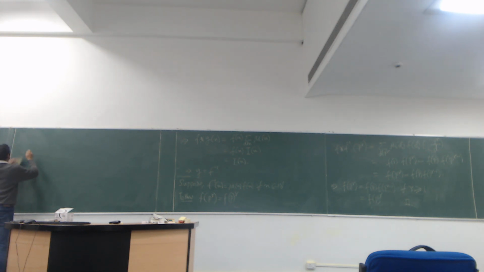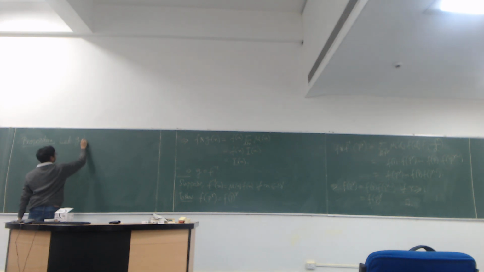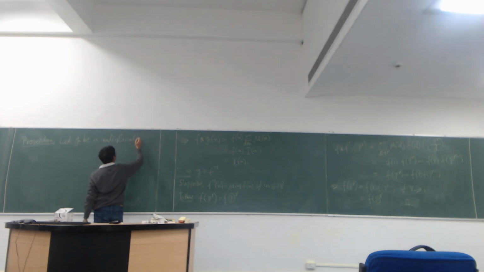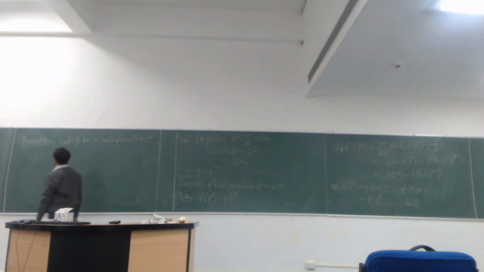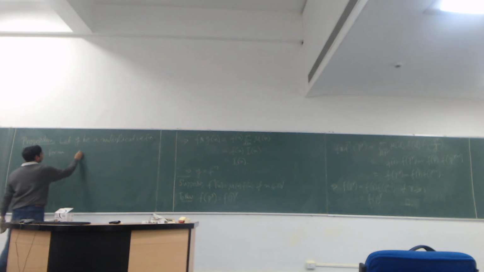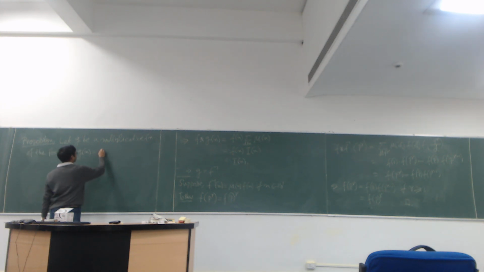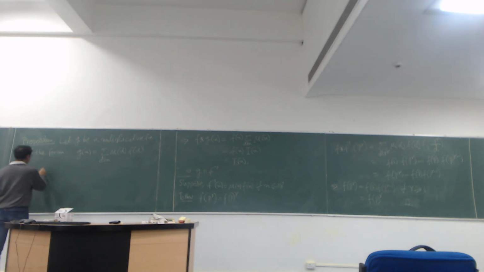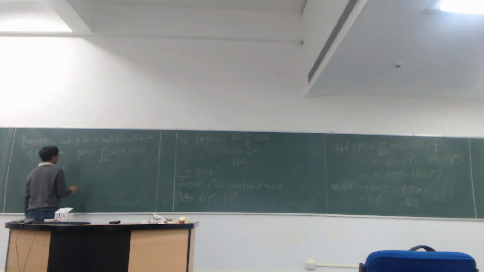Here's a theorem or definition. Let g be a multiplicative function of the form g equal to the summation of mu(d) f(d) over d dividing n, for some multiplicative function.